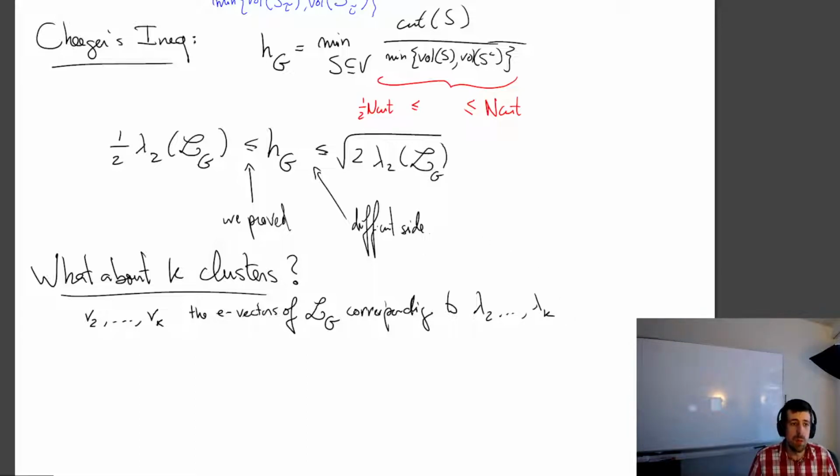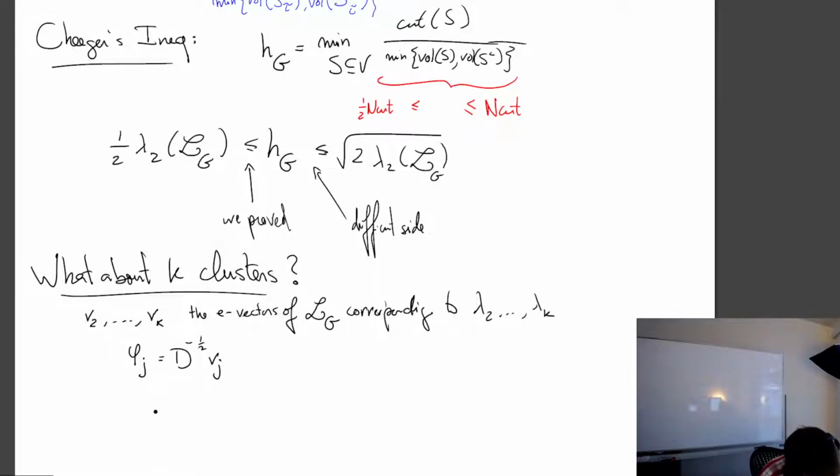And now you take, let me call them phi j, equal to d to the minus 1/2 vj. So now phi 2 would be the vector from before, but the other phi's correspond to the third eigenvalue, fourth, and so on.